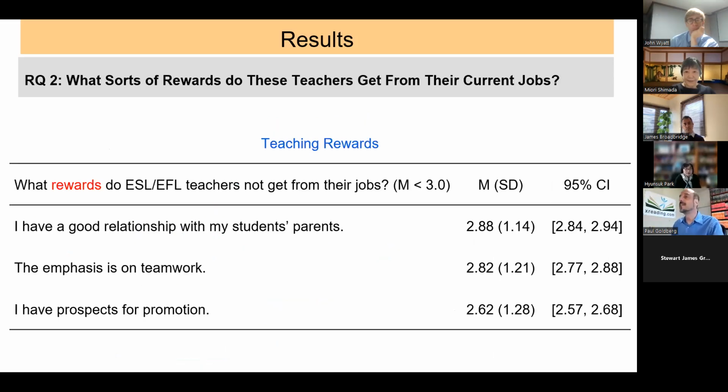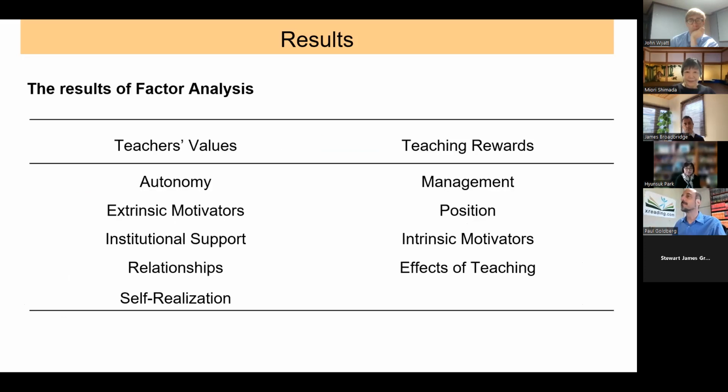Okay, and then these 3 items are the ones that ESL and EFL teachers felt they do not get from their job: I have a good relationship with the students' parents, the emphasis is on teamwork, and I have prospects for promotion. These are the least rewards.